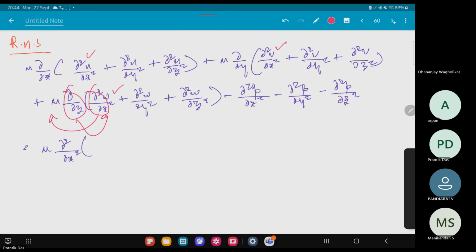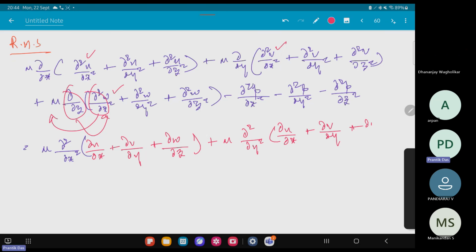So this will be equal to du/dx plus dv/dy plus dw/dz, plus mu of del square/del y square of du/dx plus dv/dy plus dw/dz.